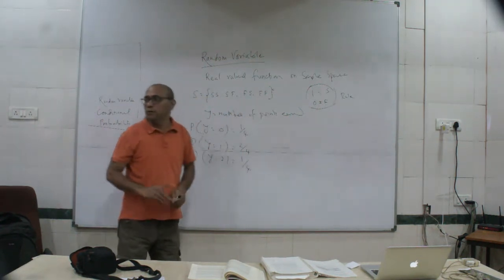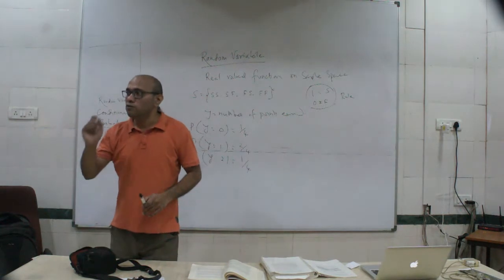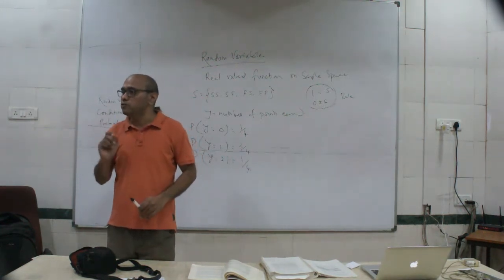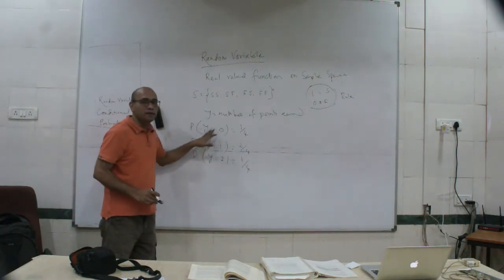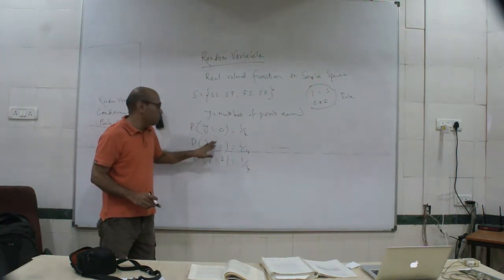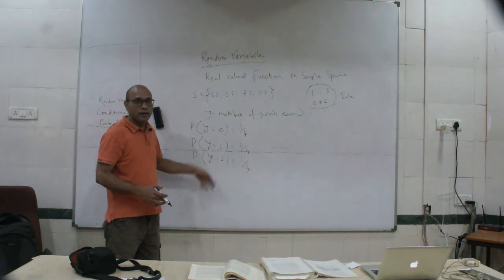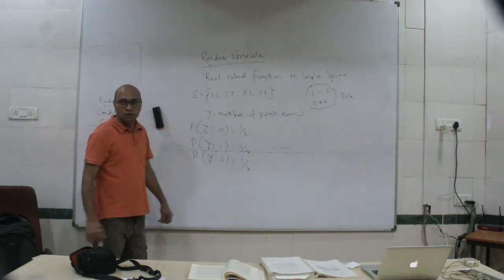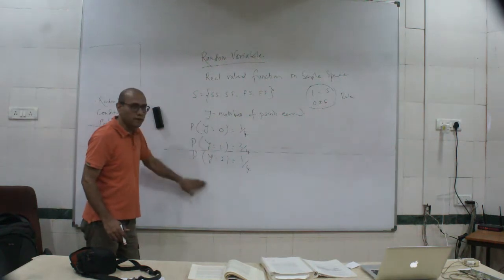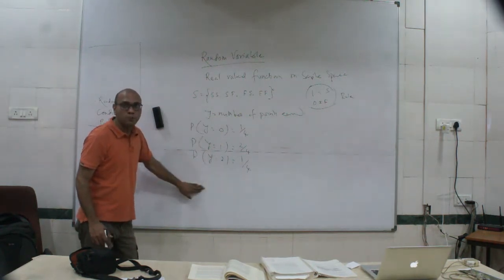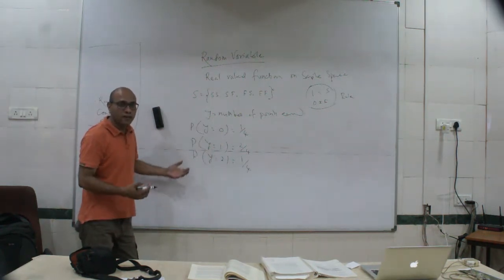I'm talking about probability of number of points earned by a person. So the chance that they will earn 0 points, 1 point or 2 points is what I'm talking about. So this particular variable Y, number of points earned, is a random variable.